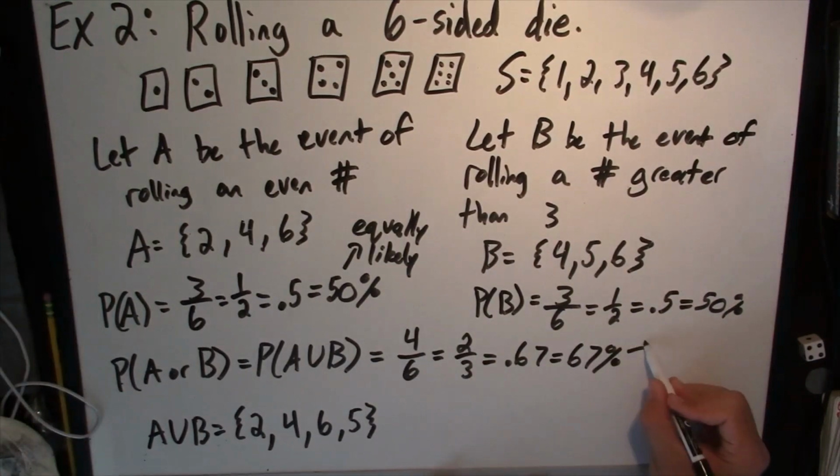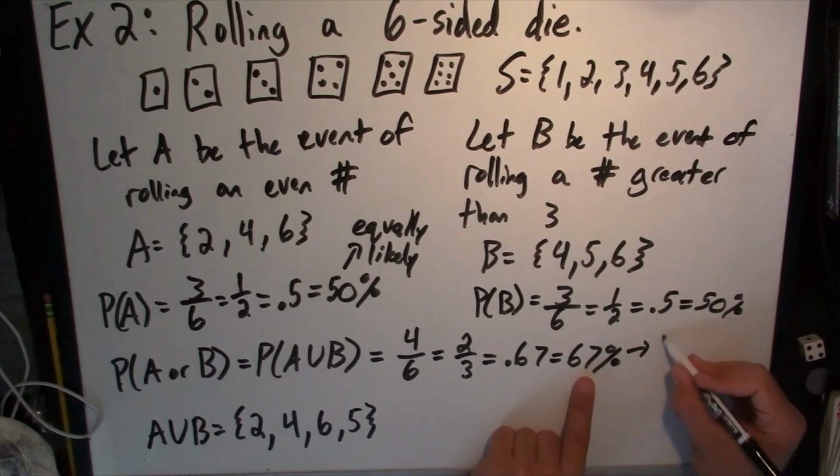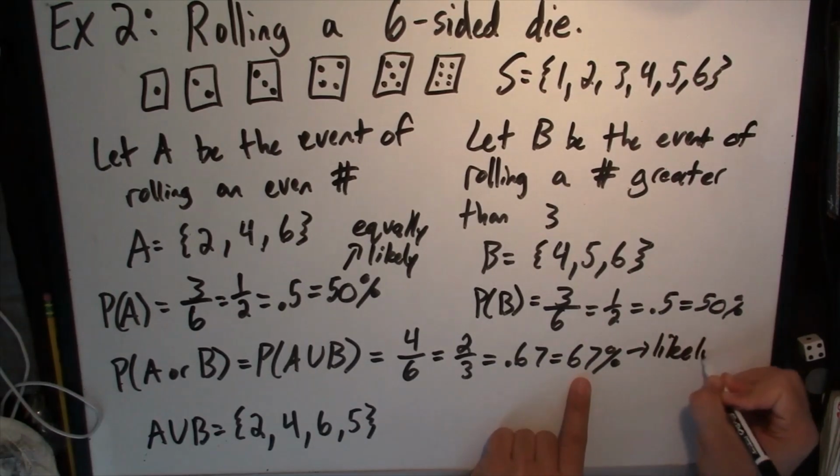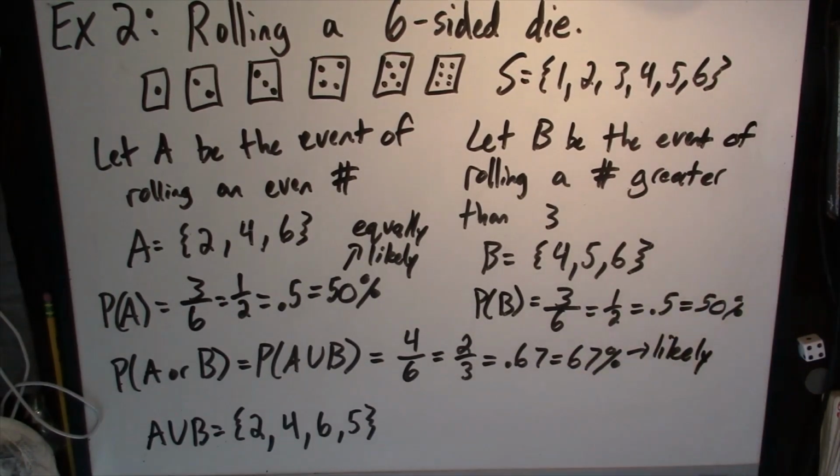Because it's greater than 50%, that means it's likely to occur.